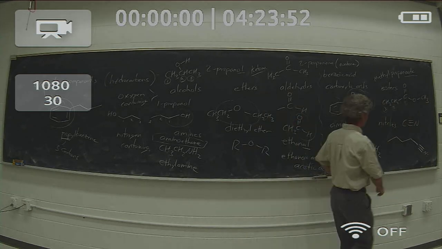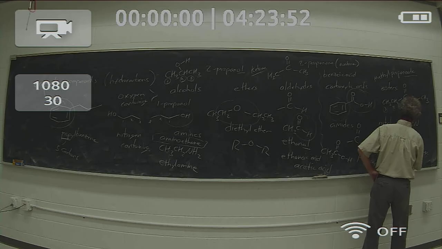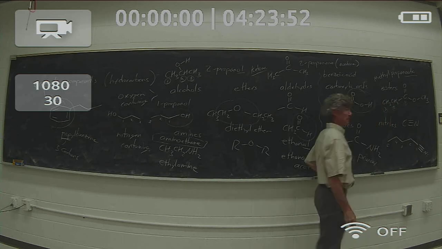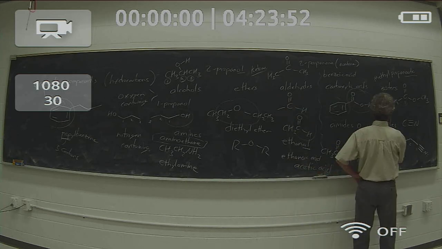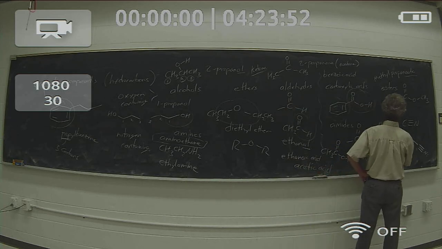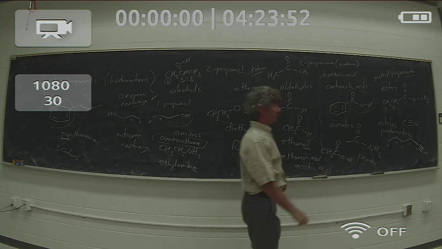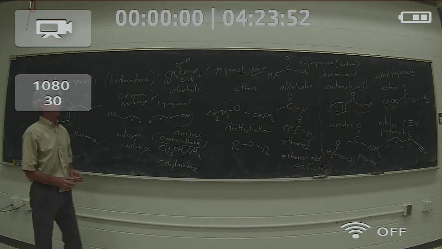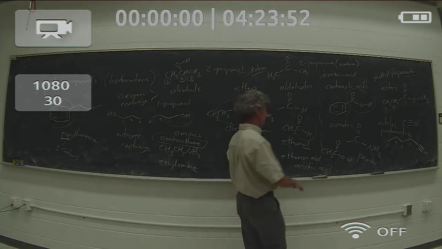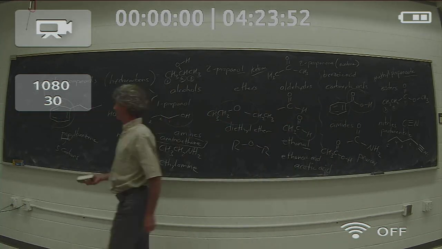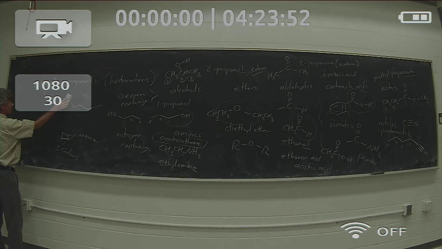You would start numbering at the nitrile, and this would be pentanenitrile, because it's a 5 carbon chain. Those are functional groups that we'll see a lot more of next semester. These carboxylic acid derivatives are in chapters 19 and 20 of our textbook.